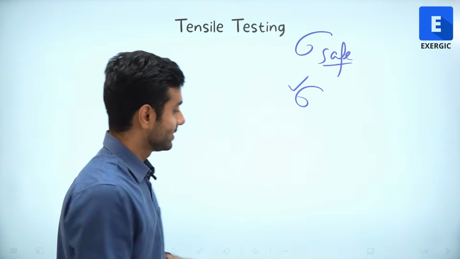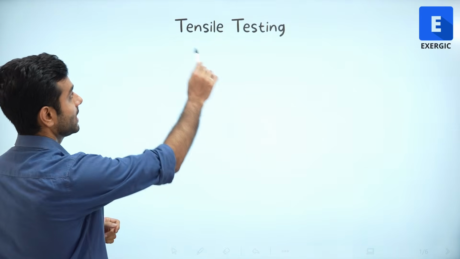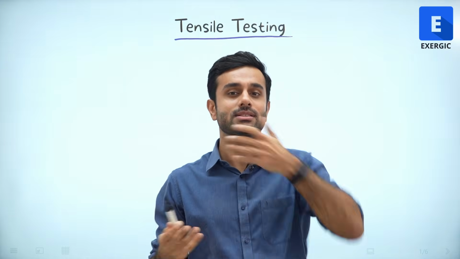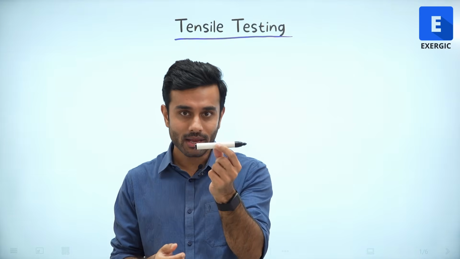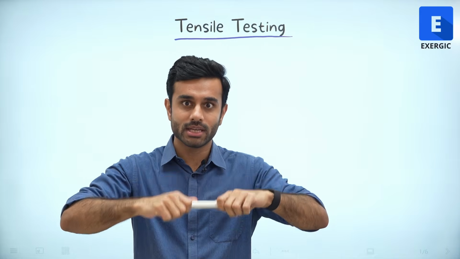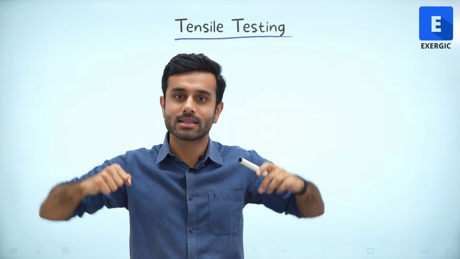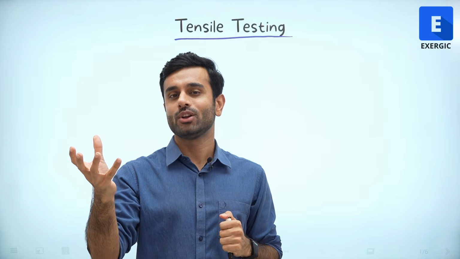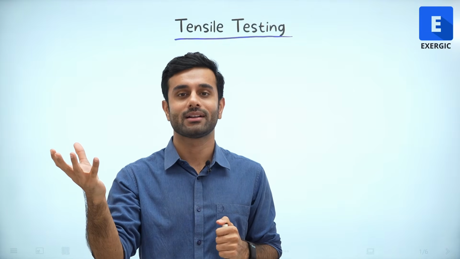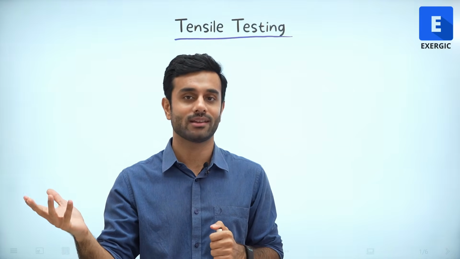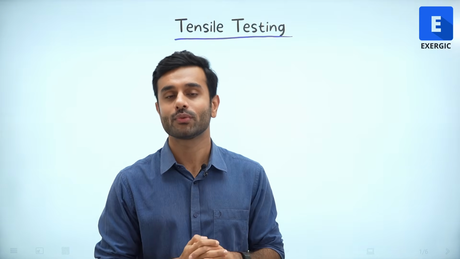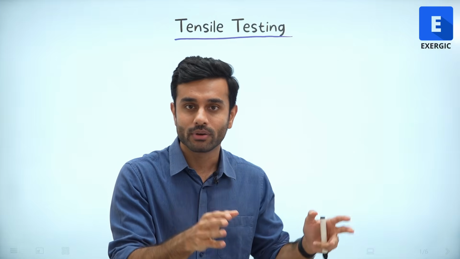To do that, we have to conduct a test, and that test is called tensile testing. Name itself is telling you that we will take a specimen and put it on a machine, and the machine will apply the tensile load and calculate at what value of stress it is cracking, fracturing and breaking. And that's how you decide how much is the safe value of stress for any given material.